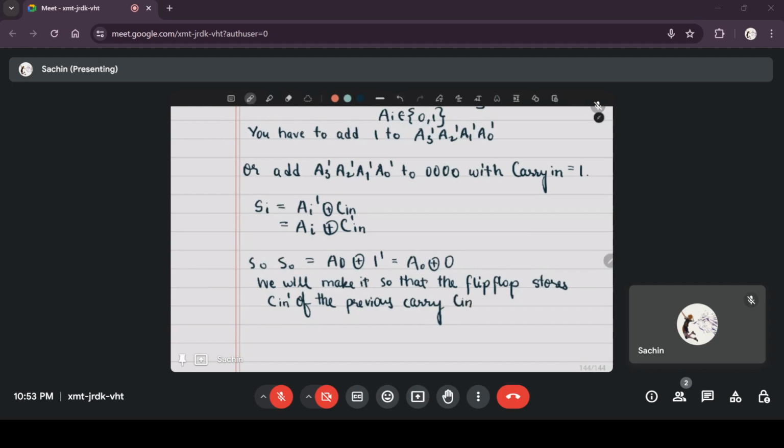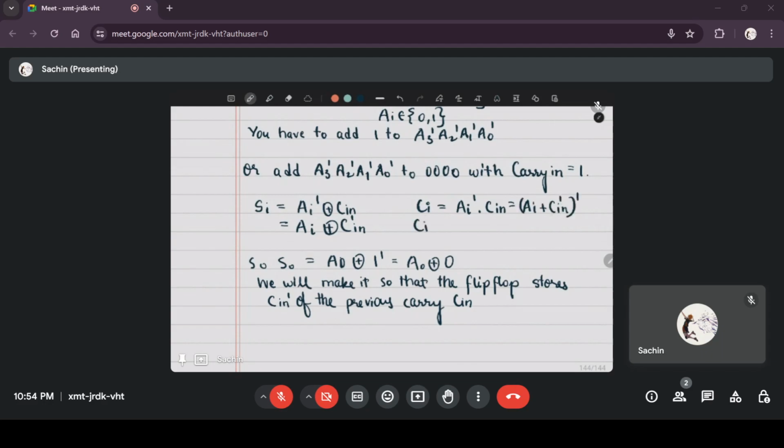See, there is a carry out from a particular stage which will serve as the carry in for the next stage. So initially for S0 the carry in is given from externally, and then once you find S0, if there is a carry in that stage, the carry in at stage i will be nothing but Ai into the carry in, which is nothing but Ai plus the Cin complement whole complement.